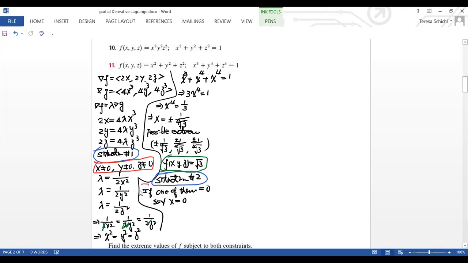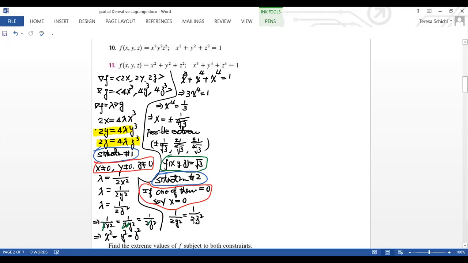If one of them equals 0, we let x equal to 0. Then the only thing we can find is 1 over 2y squared equal to 1 over 2z squared, right? So I'm just using these two here, because now x equal to 0, I cannot divide by 0 here.